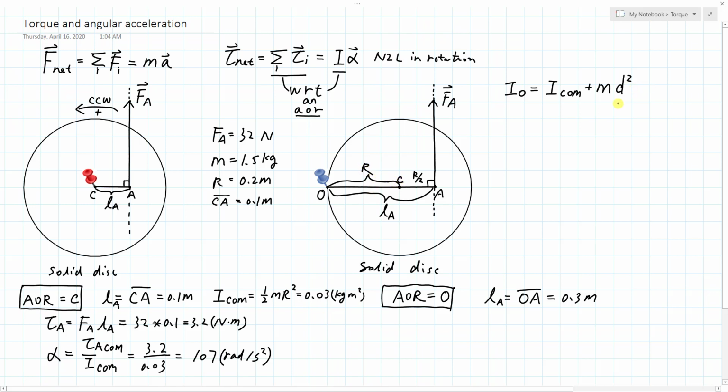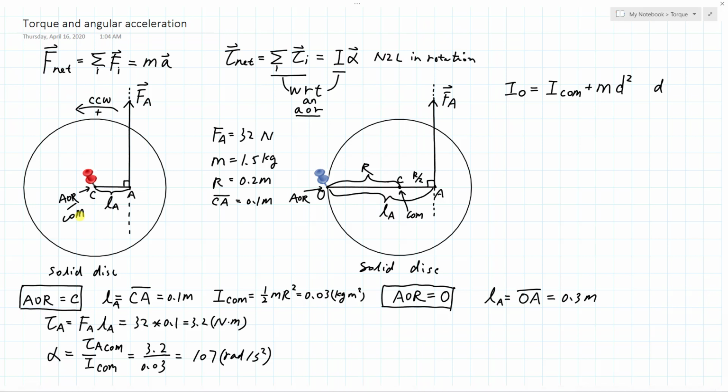So that D, how far do I have to move from the center of mass to the new rotational axis? This is the axis of rotation, our choice of axis of rotation, and the center of mass, overlapping. The center of mass is an actual position, right?